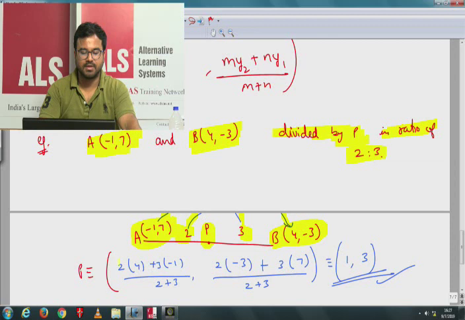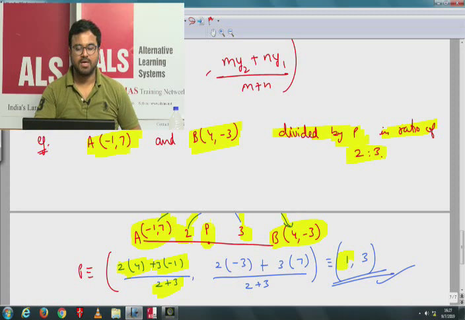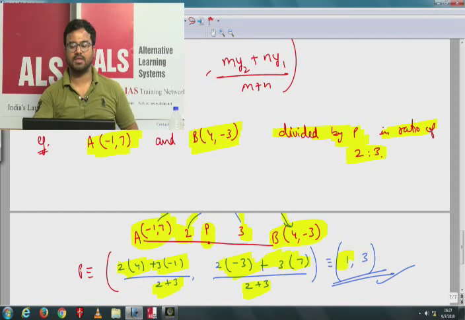Simplify: 2 into 4 is 8, 8 minus 3 is 5, 5 over 5 is 1. Same goes for the y coordinate: left ratio multiplied by the right side y value. So 2 multiplied by minus 3, and 3 multiplied by 7, upon 2 plus 3. This is minus 6 plus 21, which is 15. 15 over 5 is 3. So the coordinates of point P are 1, 3.